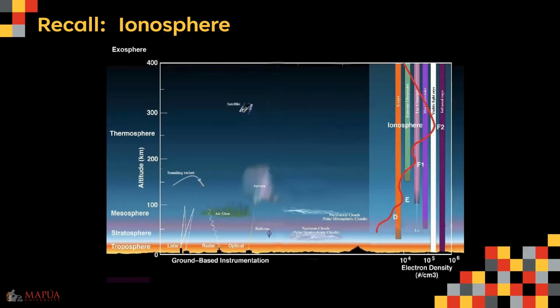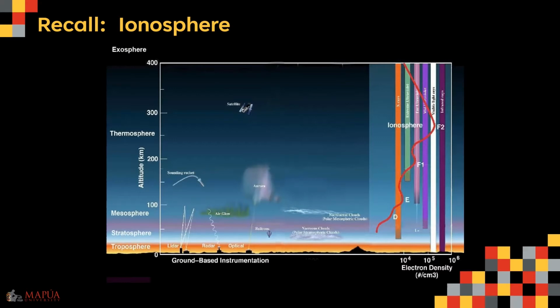Typically, the ionosphere starts from around 80 kilometers altitude up to about 2,000 to 10,000 kilometers above ground. No one really knows when or where the ionosphere exactly terminates at the top of the atmosphere.